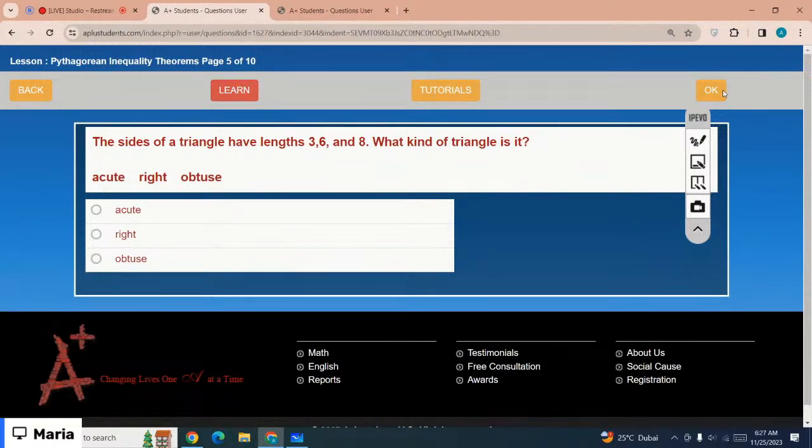Which is the correct option? That is the obtuse triangle.